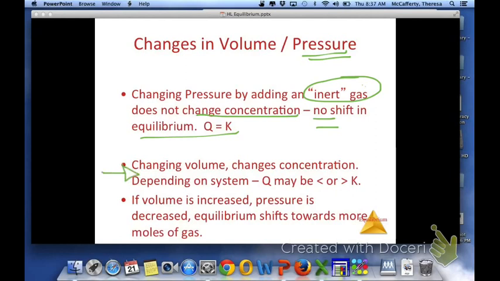Changing the volume will shift the equilibrium, depending on whether I increase or decrease. If the volume is increased, the pressure is decreased, and the equilibrium shifts towards the more moles of gas. But adding an inert gas does nothing to shift the equilibrium.